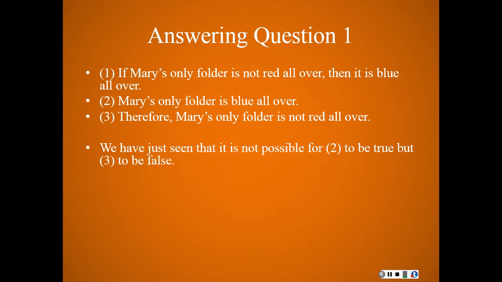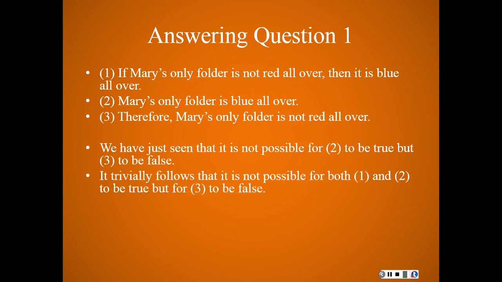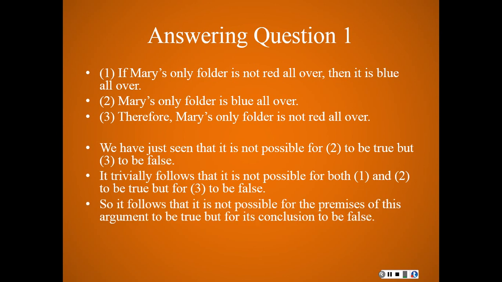So we've just seen that it's not possible for 2 to be true, but for 3 to be false. Okay, but then it trivially follows that it's not possible for both the premises of this argument, both 1 and 2, to be true, but for the conclusion 3 to be false. So, since it's not possible for the premises of this argument to be true, but for its conclusion to be false, this is in fact a valid argument.